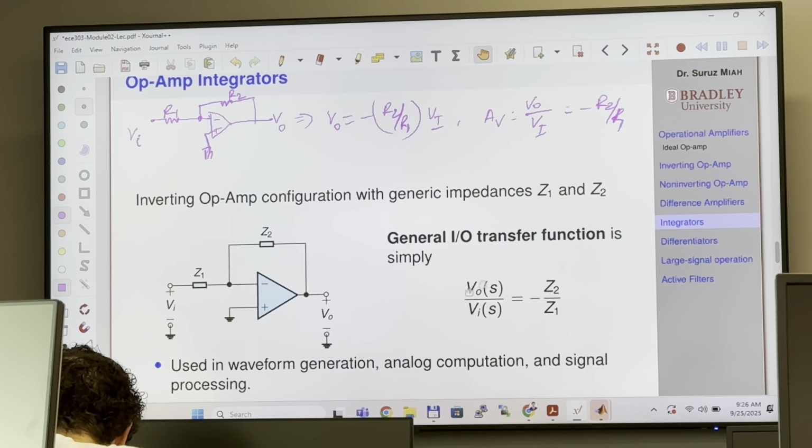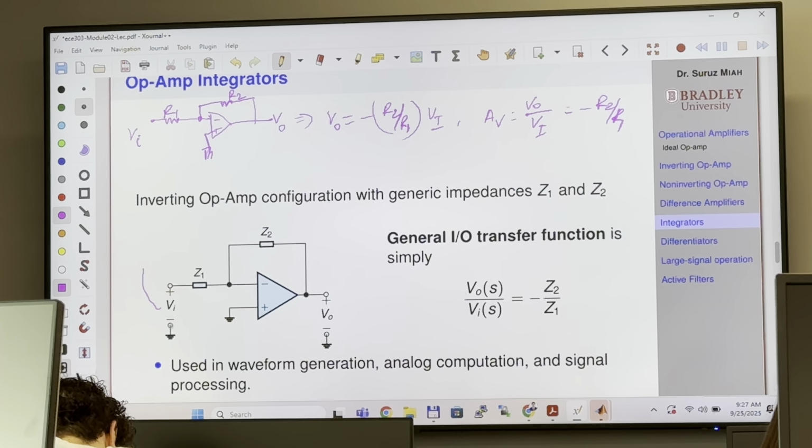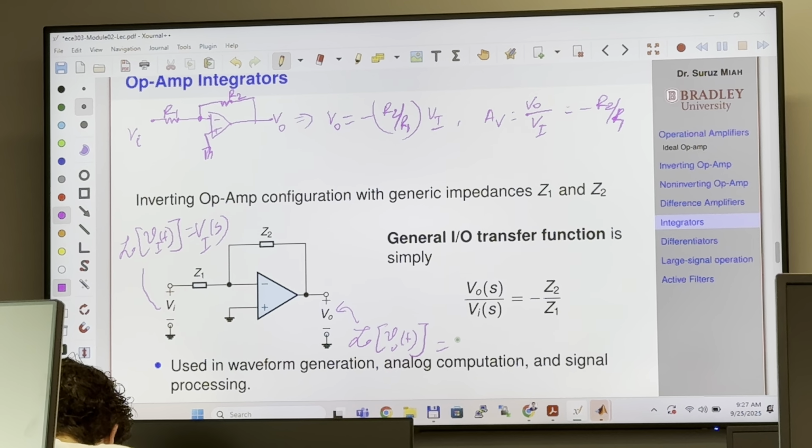Because we are going to put impedance, you need to convert these to Laplace transformation. So the Laplace transformation of the input voltage VI(t) is denoted with Vin(s), uppercase S, and the Laplace transformation of the output signal as a function of time is denoted with Vout(s).